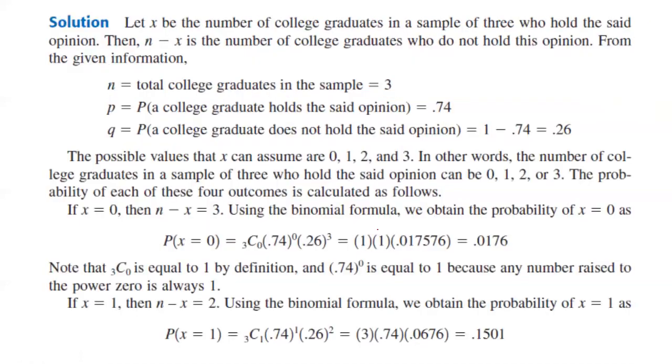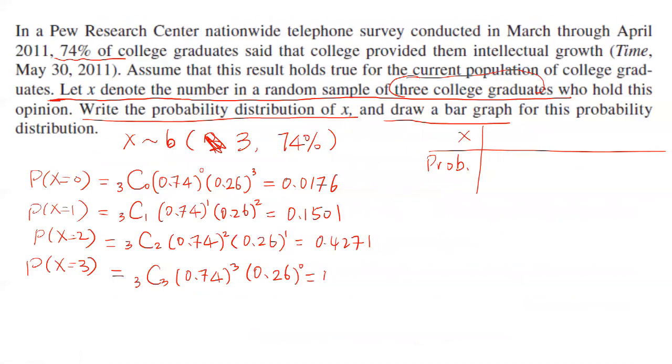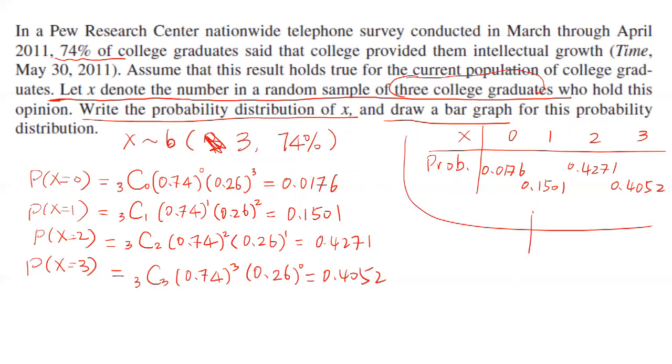So now we have all the possible values, that is 0, 1, 2, 3, and the corresponding probabilities, which are 0.0176, 0.1501, 0.4271, 0.4052. So this is our probability distribution.